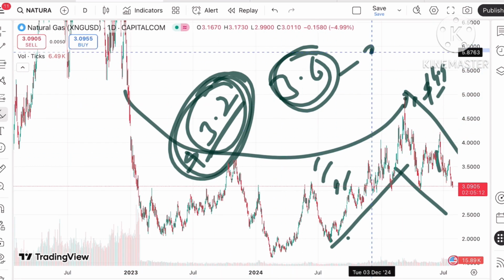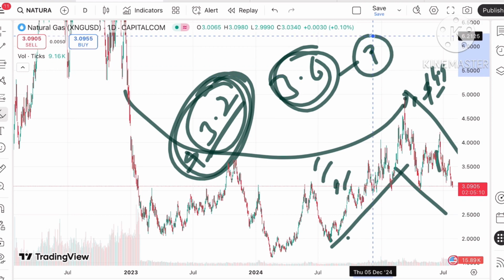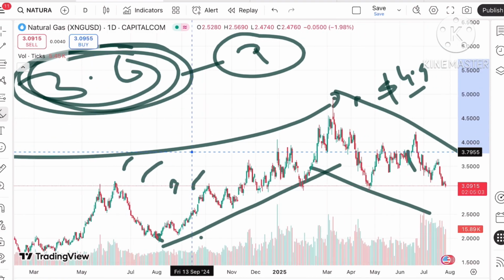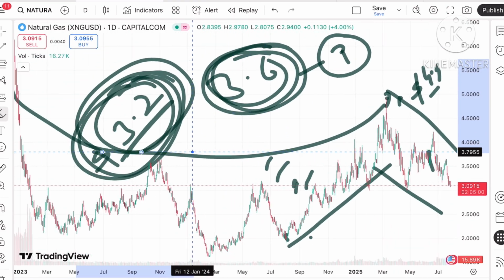So the level of around 3.6 will be a trend level where we can see a probability of further upside. Now, the price is below 3.2, so chances are high that we can see a further fall.